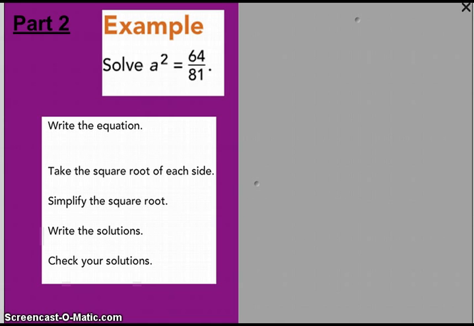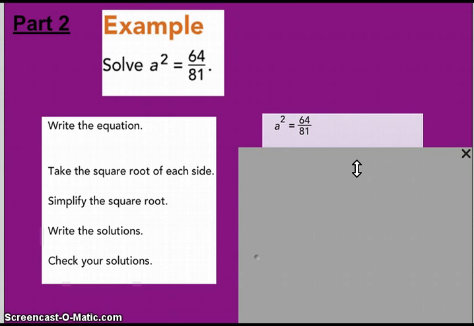Here's another example. Solve a squared is equal to 64 over 81. The steps are listed there. Hopefully you're looking at 64 and 81, knowing that they are both perfect squares. What we start with is writing the equation.